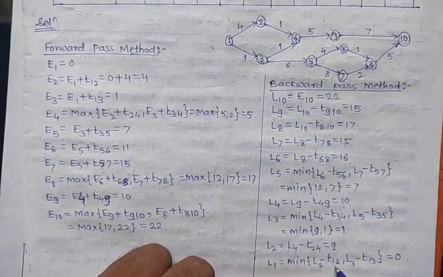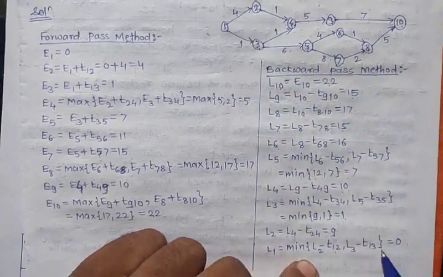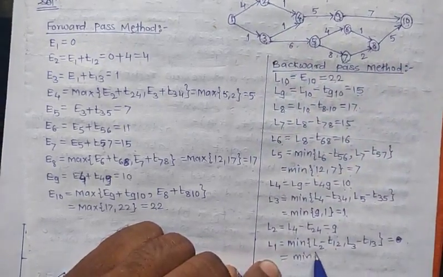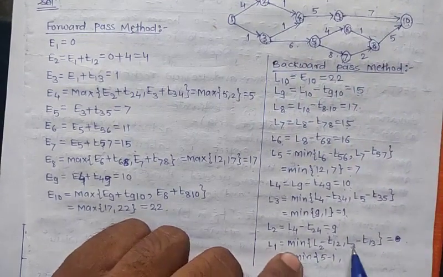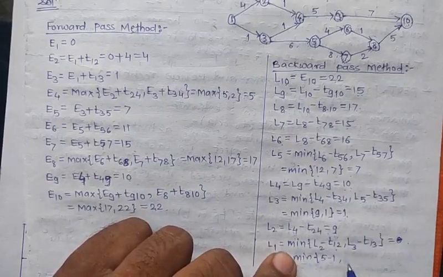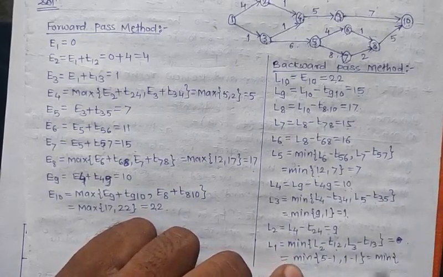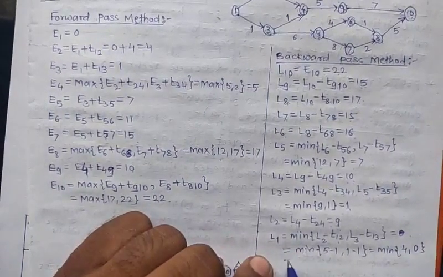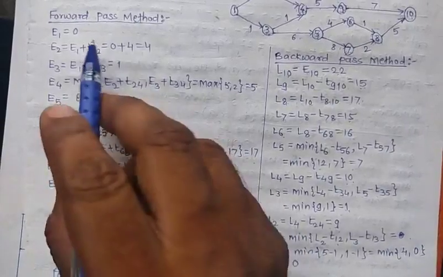The value of L2 is 9 minus 4, which is 5. So we take the minimum of 5 minus 1, which is 4, and L3, which is 1 minus 1, which is 0. The minimum between these two values is 0. So here we get L1 is 0 and E1 is also 0.